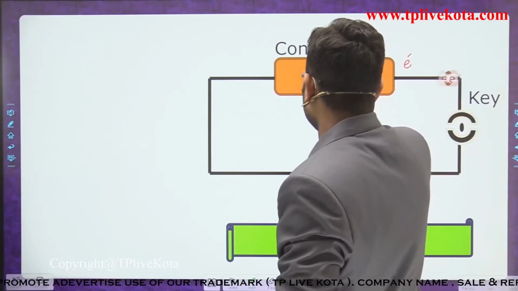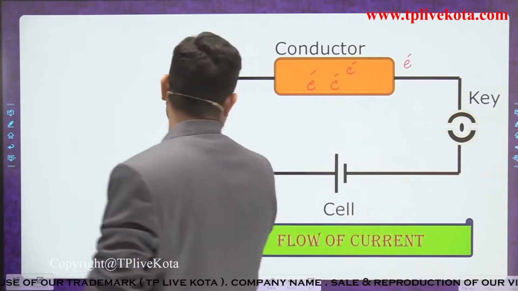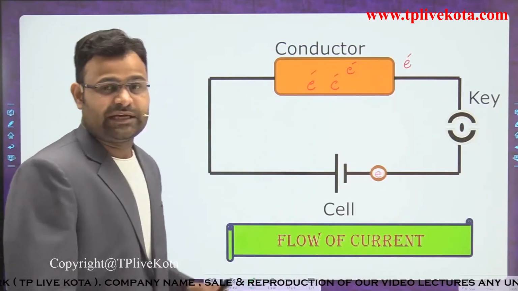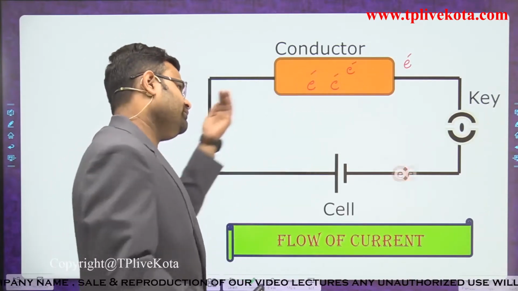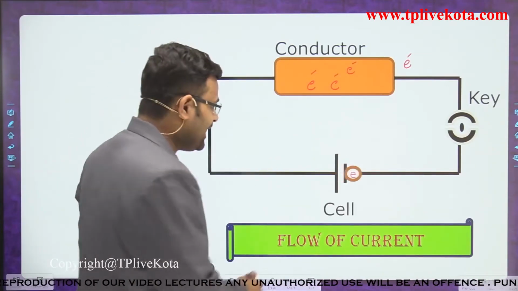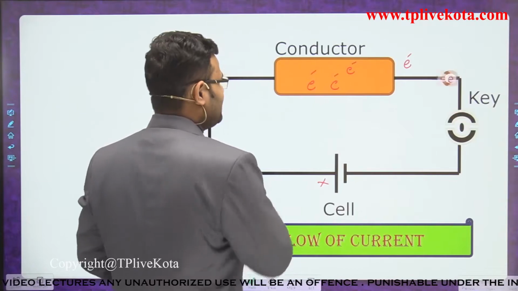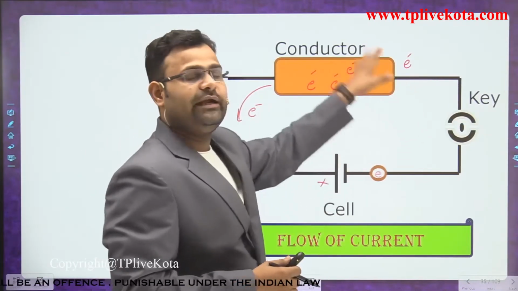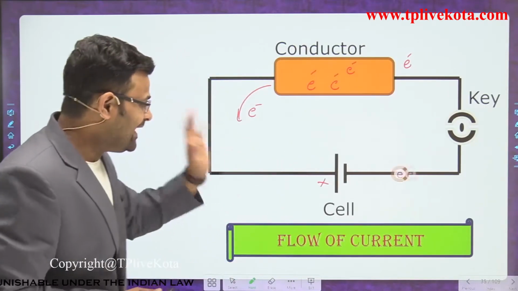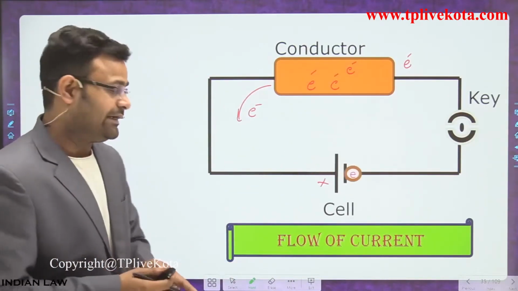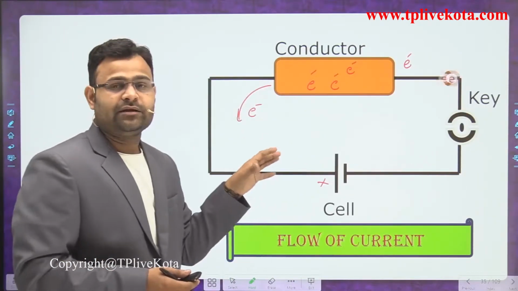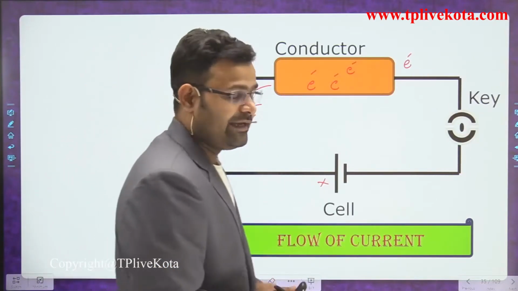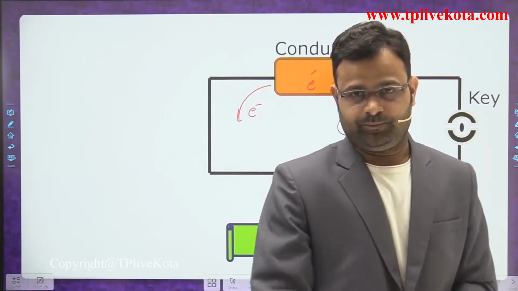Electron and electron, which type of force is applying? Same charges repel each other, so the electrons will move in that direction, and the positive terminal of the cell attracts those electrons in that direction, so that flow will be continuous. In that condition current will flow. That is the reason behind how current flows in any conducting material.